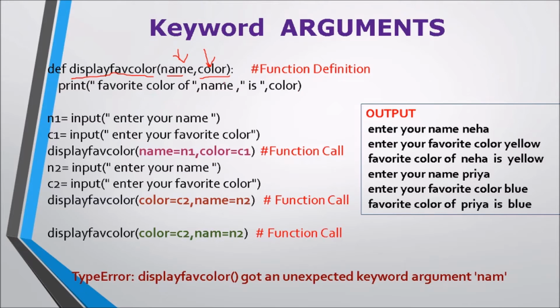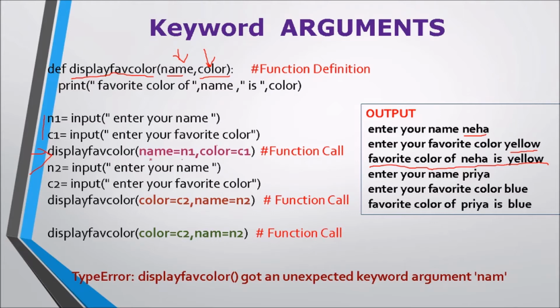That means whatever name we give and whatever color we give, accordingly it will result. Like if I provide the name as Neha and the color as yellow, it will print the message: favorite color of Neha is yellow. So for this purpose I have written this function. In the main section we have asked the user to enter the name and the favorite color, and then the function display_favorite_color is invoked by providing the value n1 to name and c1 to color.